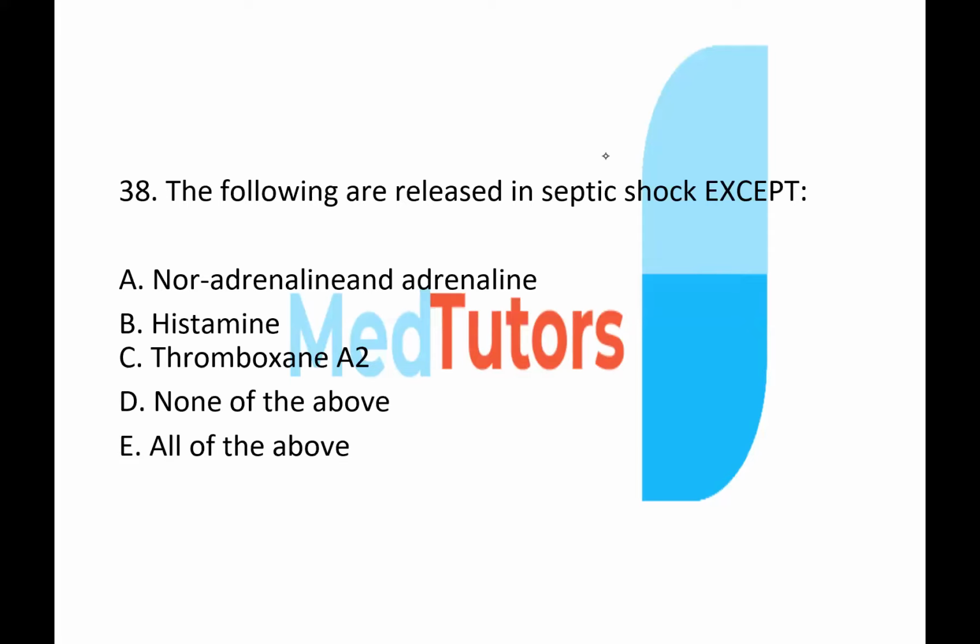He said A. So that is thromboxane, histamine and thromboxane A2 will cause vasodilatation. This adrenaline will cause what? Vasoconstriction. And septic shock is a form of what? Distributive shock. I think it's right.